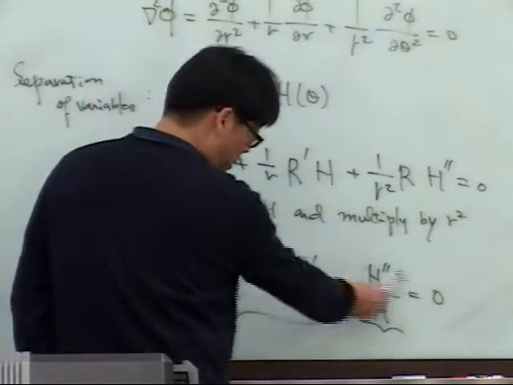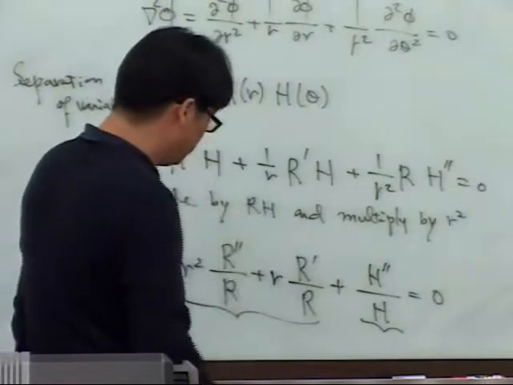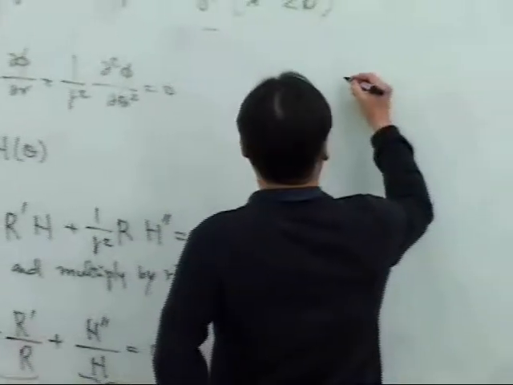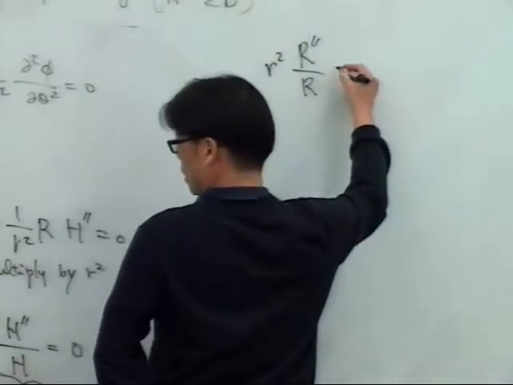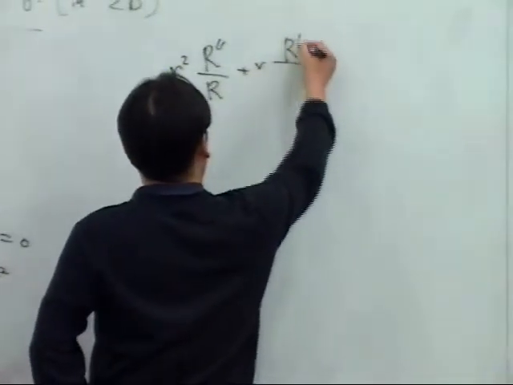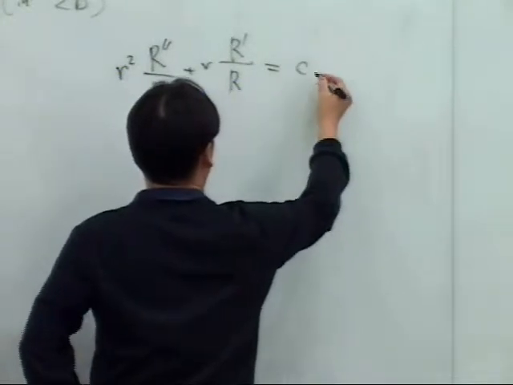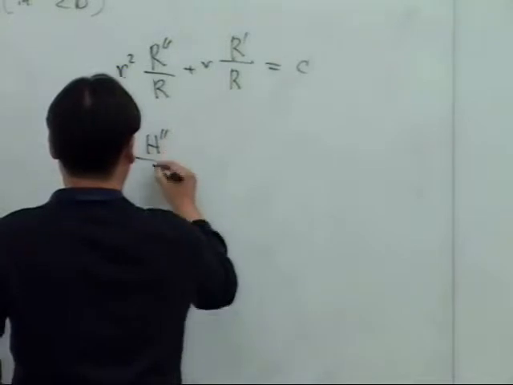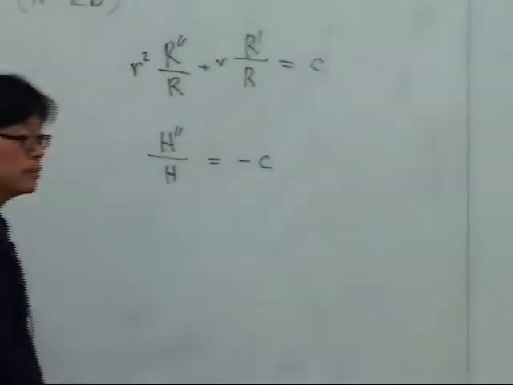Because this depends only on theta, and this depends on R. So we are saying that this is some constant, let's say C, and then h double prime over h has to be minus C.